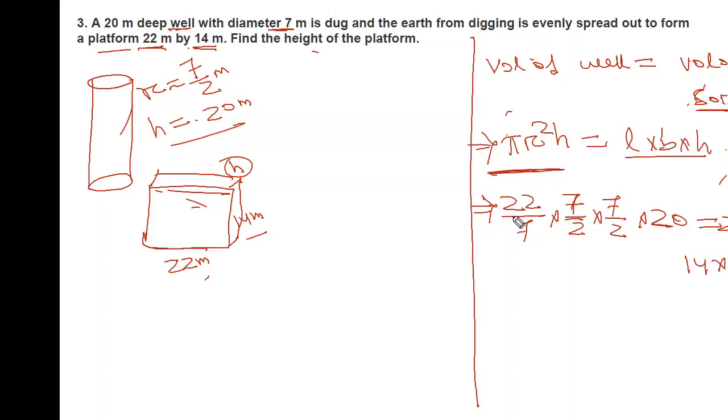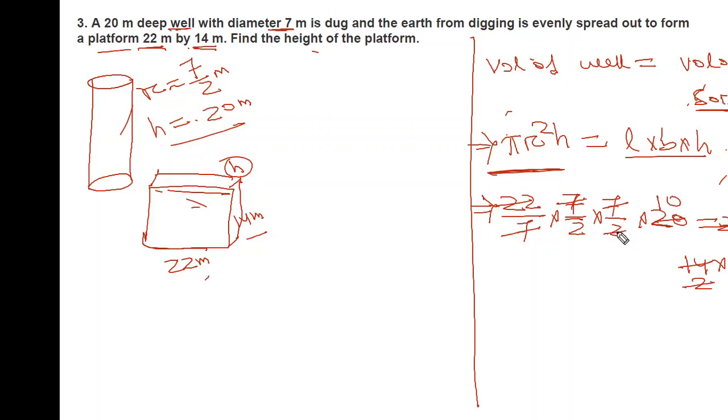So here you can cancel this 7 and 7. You can cancel the 22 with this 22, and also you can cancel this 7 with this 14. Now you have 2. You can cancel the 2 with this, it will be 10.